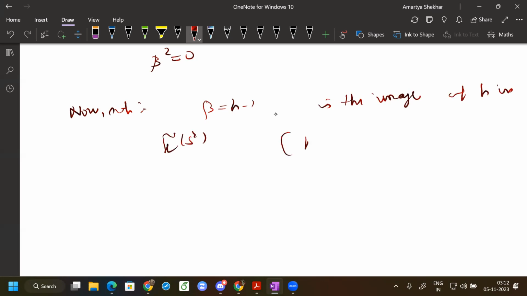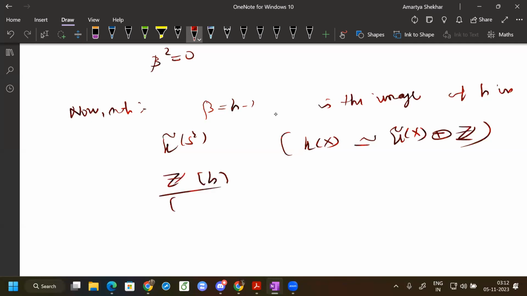That comes from the fact that we have that splitting of this form. It's the image of H in reduced K of S2. So you have a ring homomorphism that looks like this.